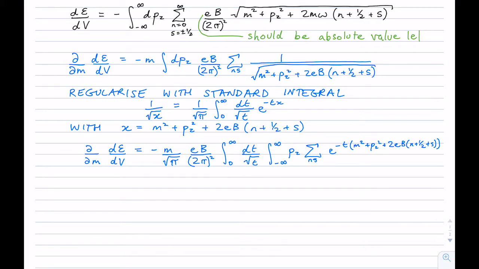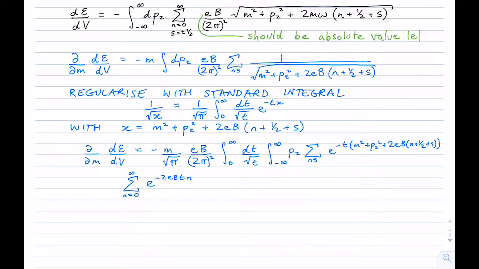The first one is the sum over n equals 0 to infinity of e to the minus 2eB t n. That's one of the terms there.